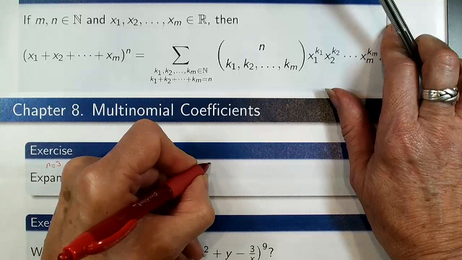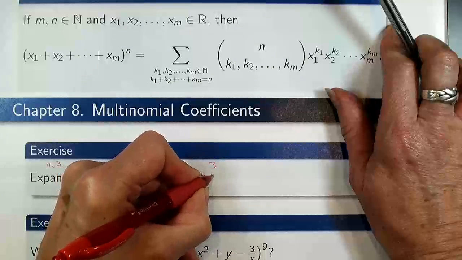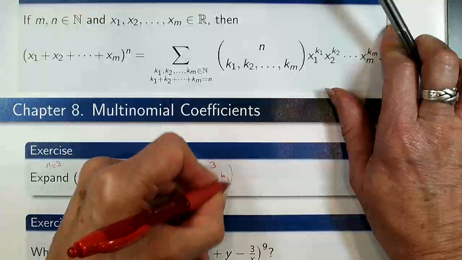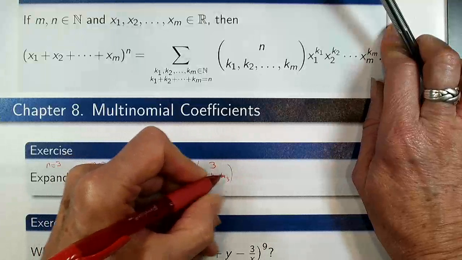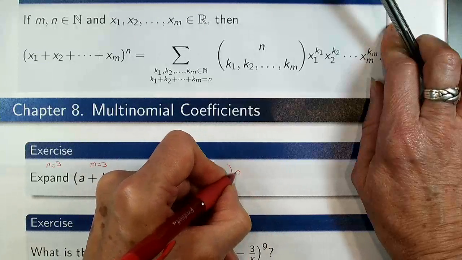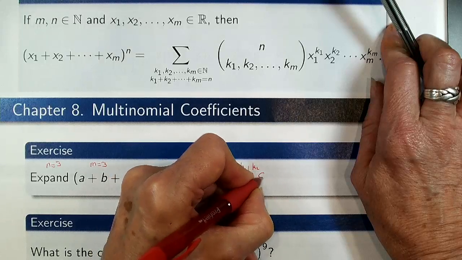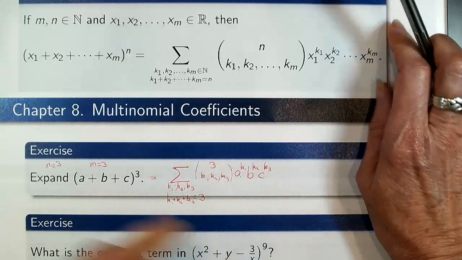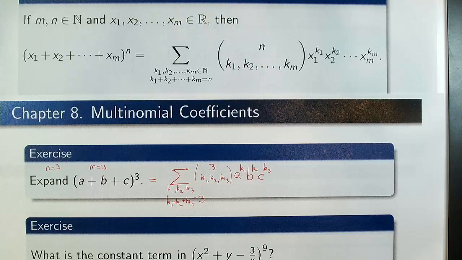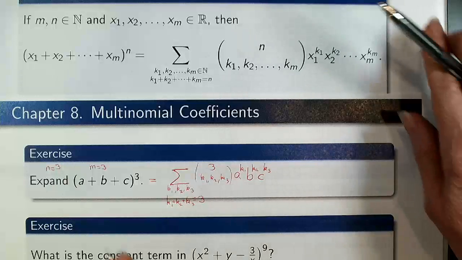Of terms 3 choose k1, k2, k3, a to the k1, b to the k2, c to the k3. Now, you actually don't need the multinomial theorem here because you can just multiply that out anyway. You might like to do that to check that this answer is working out okay.